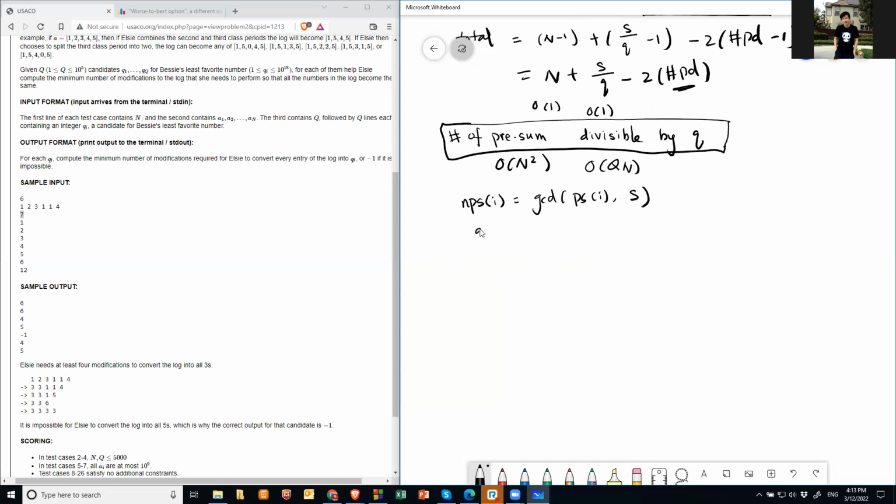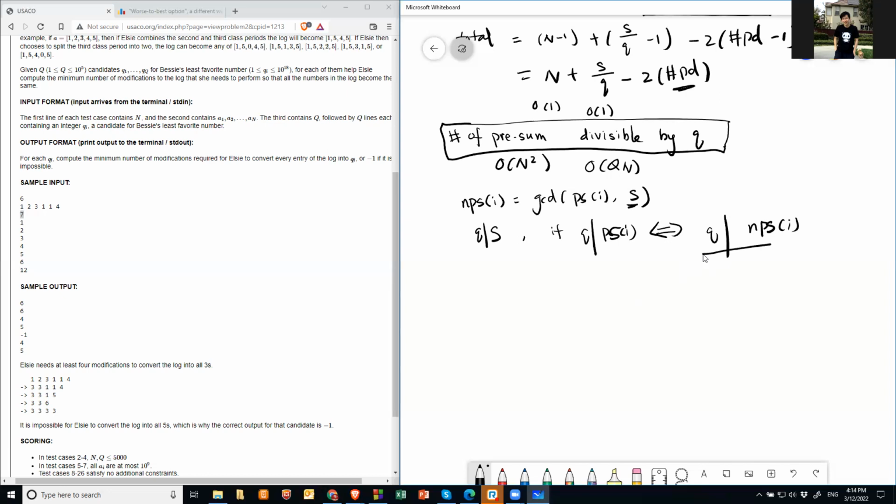Since my S is divisible by Q, if I want the number of pre-sums that are divisible by Q, that's the same as saying this new pre-sum is also divisible by Q, right?